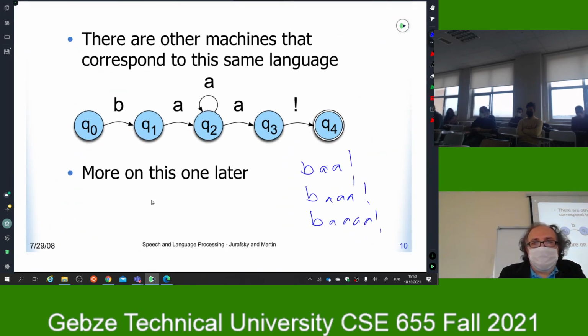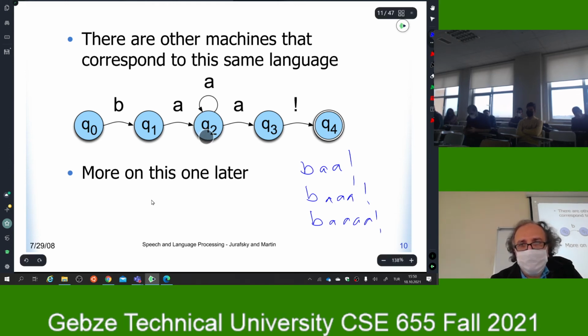There is a B, there is an A, another A, and I am finished, or I can do this and this. The problem here, or maybe you should notice something here: when you are at Q2 and you get another A, should I stay at Q2 or should I go to Q3?